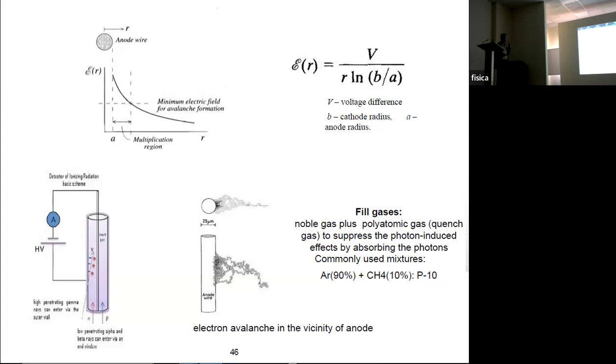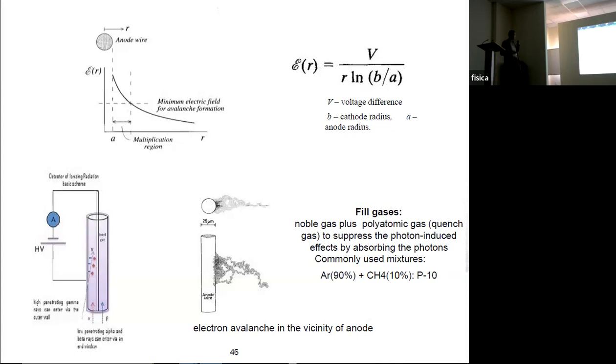In this geometry, you can achieve quite high electric fields in the region called the multiplication region. This multiplication region is actually very small compared to the whole volume of the detector, less than 1% of the whole volume. And exactly in this place the multiplication happens, and here we can get the avalanche.